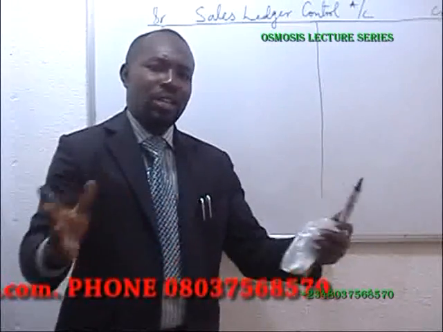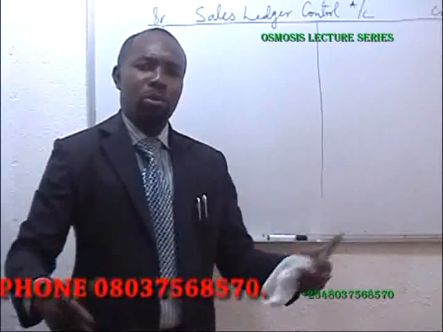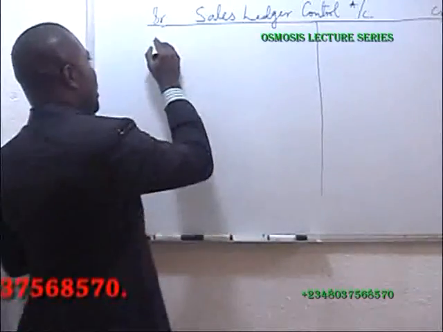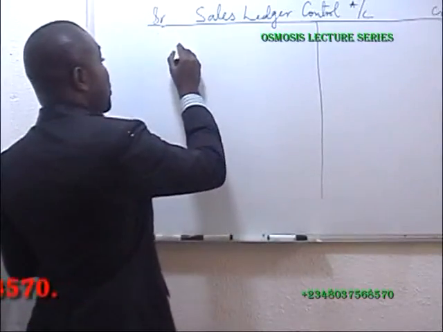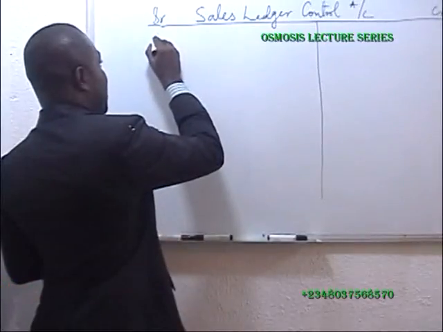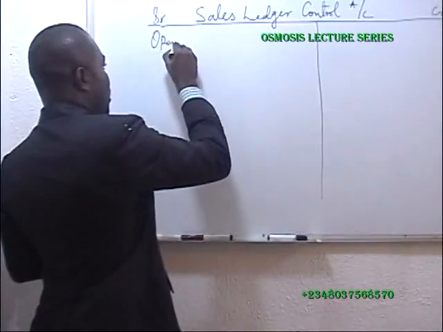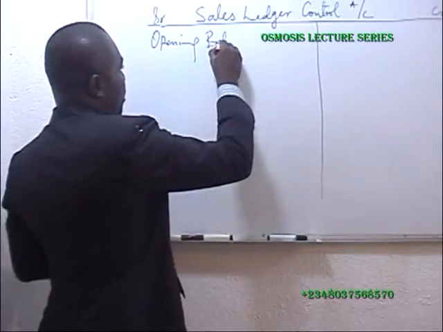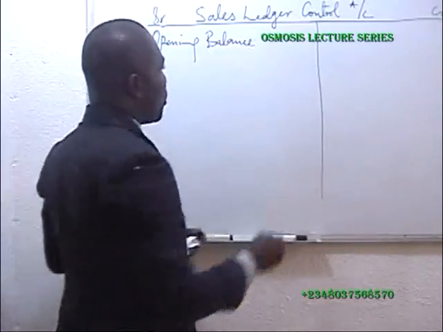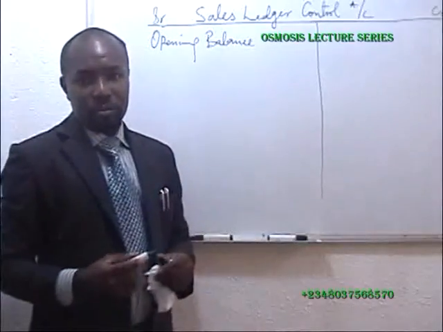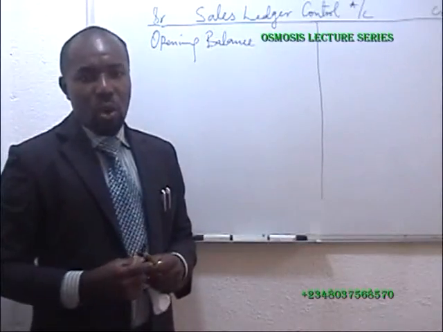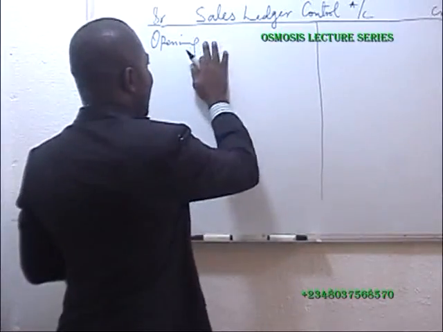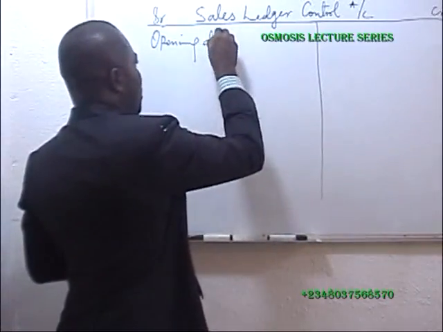It's just the total balance of your debtors. By the end of the month, it becomes your opening balance. So we say opening debit balance.